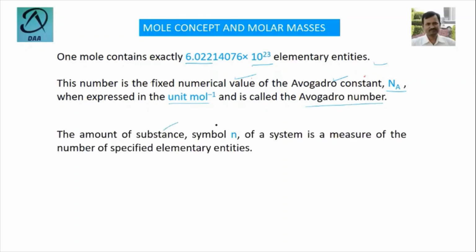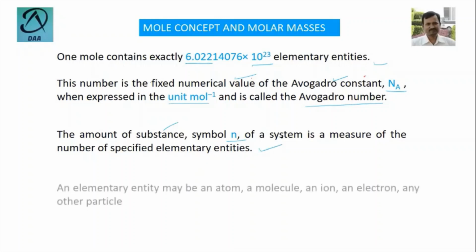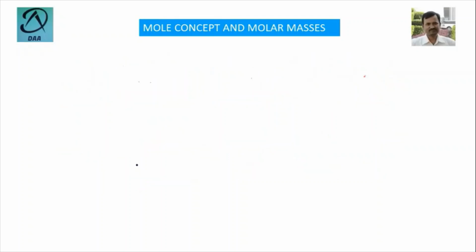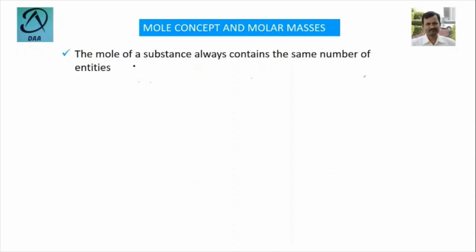The amount of substance, which is symbolized by the small n, is the measure of the number of specified elementary entities. An elementary entity may be an atom, a molecule, an ion, electrons, or any other particle. The mole of a substance always contains the same number of entities.